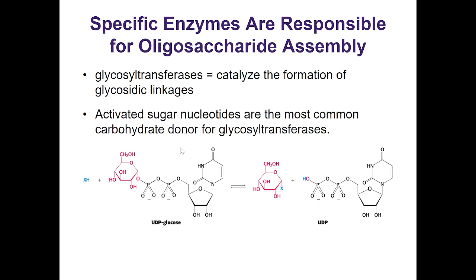What you can see here is we've essentially taken, in this case, UDP. Everybody know what UDP is? It's the uracil version, right? So UDP, the phosphates here. We've attached that to our glucose. And notice that this is going to give us a higher energy glucose that we can then attach to other things, right?